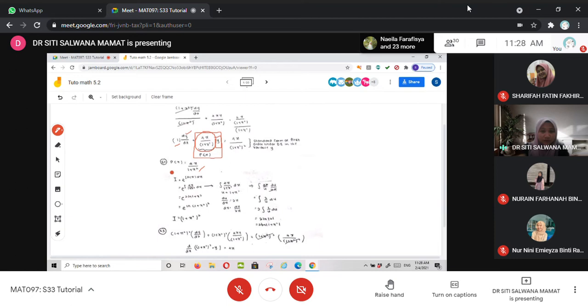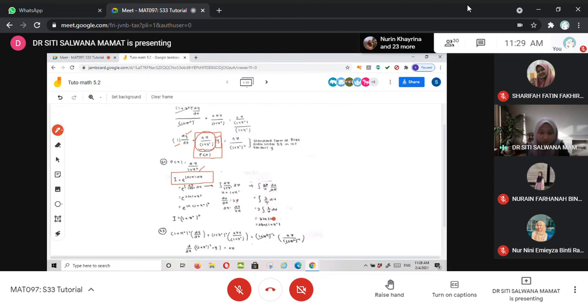So this is the equation. You solve this by substitution. The denominator, you will get 2x, then you can eliminate the x on top, and lastly you will get 2 over u, as u is 1 plus x square.